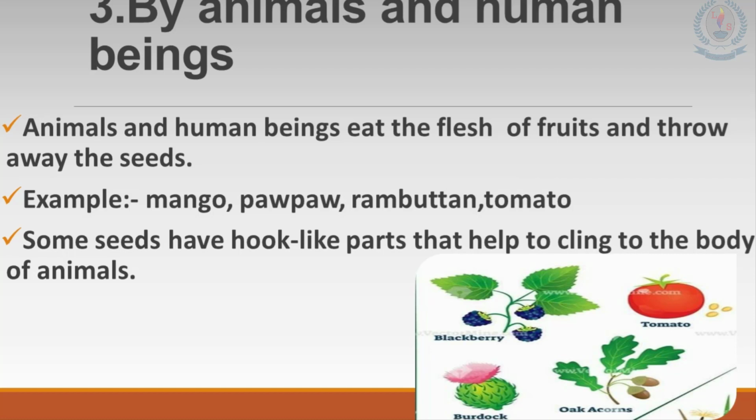I think you have seen that. They help to cling to the body of animals. When animals travel, those hook-like parts fall down and they become a plant. Examples are love grass and mimosa.